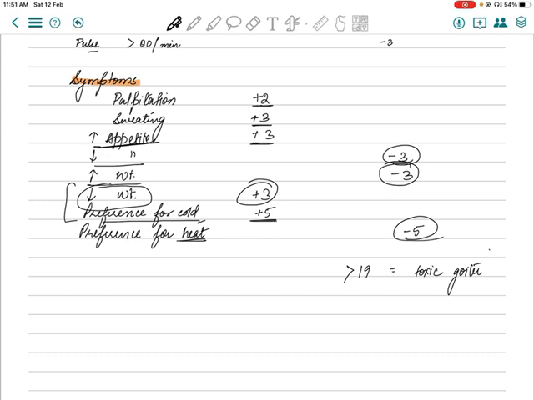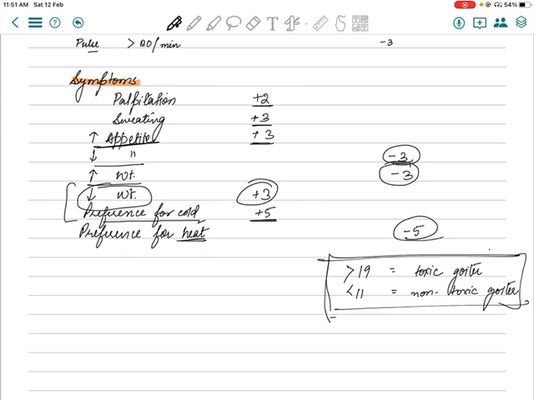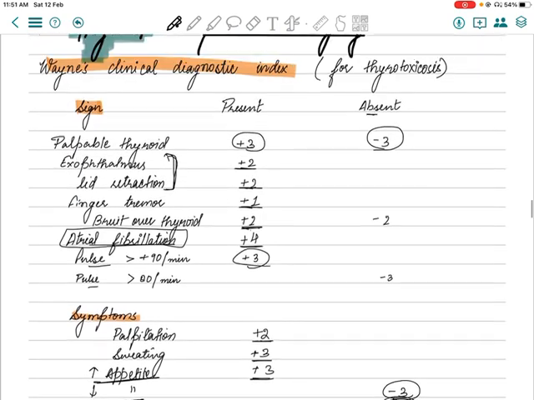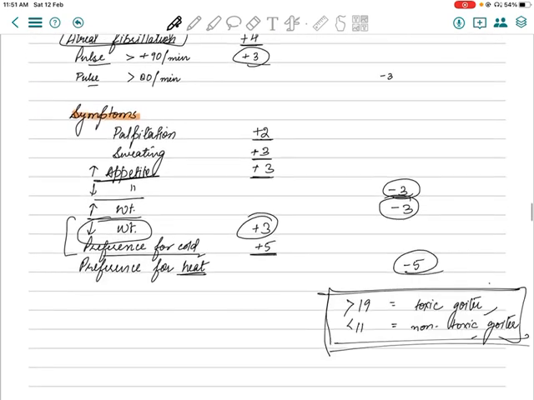If the index is below 11, a non-toxic goiter is present. Goiter is present in either case, but we should be able to tell if it's toxic or non-toxic, and the Wayne's clinical diagnostic test helps us do that.